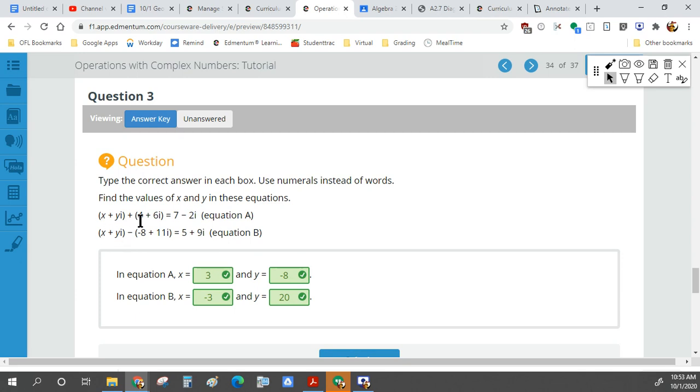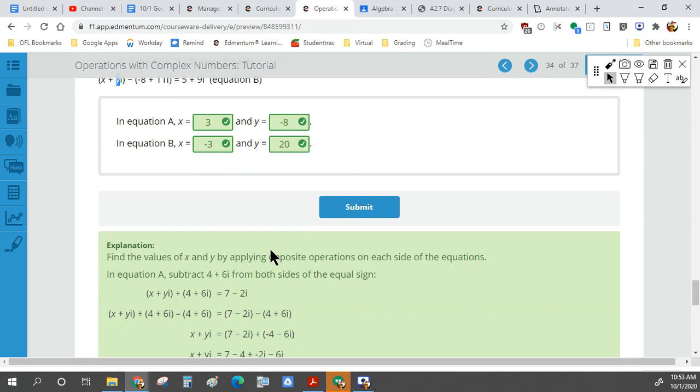What plus 8, because remember, we're distributing it, so this is plus 8. So what plus 8 gives me 5, sorry? What plus 8 gives me this 5? Oh, that's -3. -3 plus 8 gives me +5. And what take away 11, because we distributed, gives me 9? That's 20.